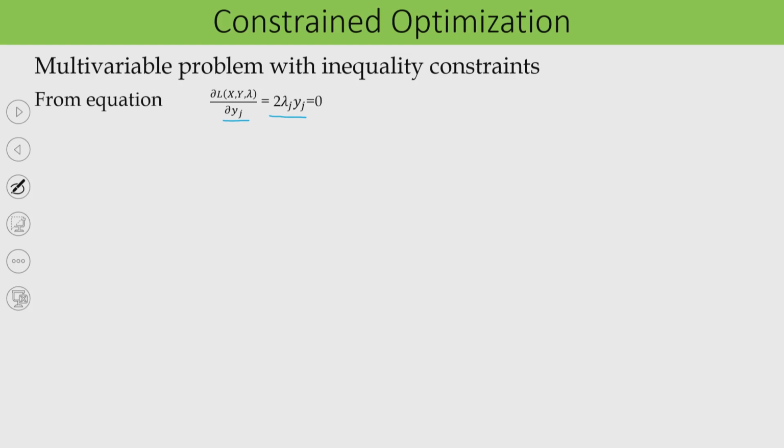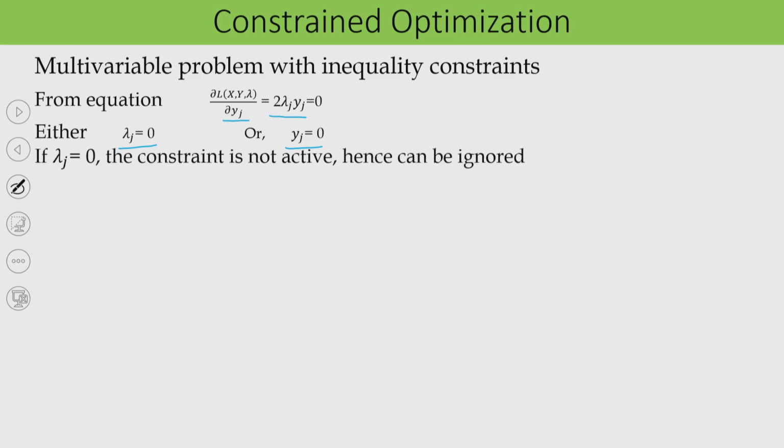From this equation we get two conditions: either lambda j equals 0, or y j equals 0.